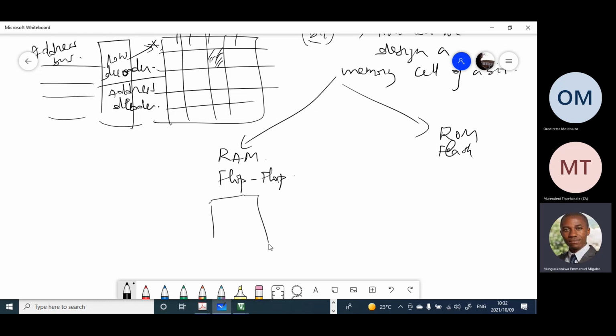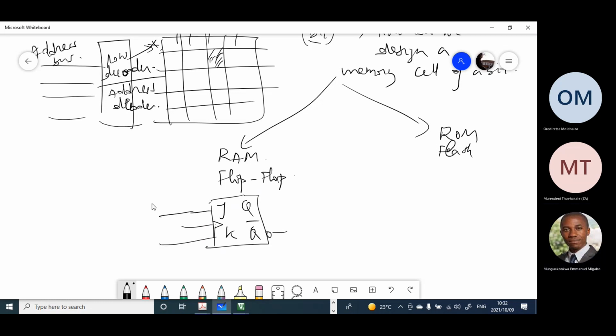The flip-flop can store up to 1 bit. Let's say it's a JK flip-flop, for example, with the clock, Q and Q bar. You remember the operation of a JK flip-flop? No? So if J is 1 and K is 0, the output will be 1.